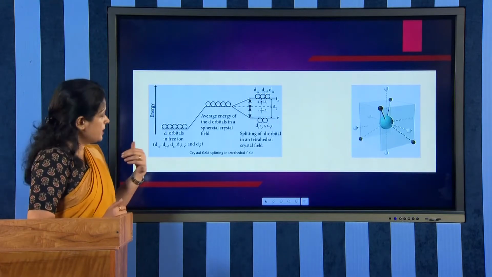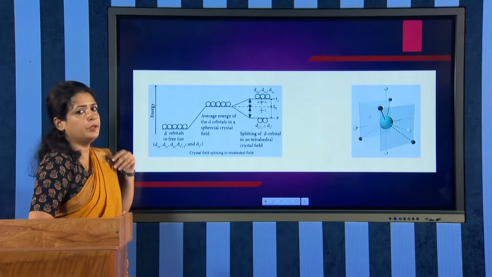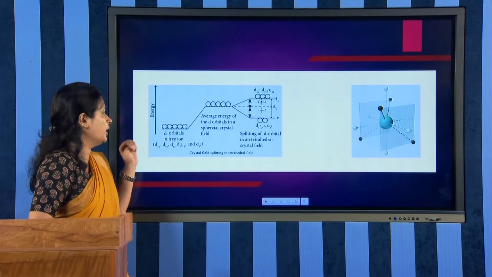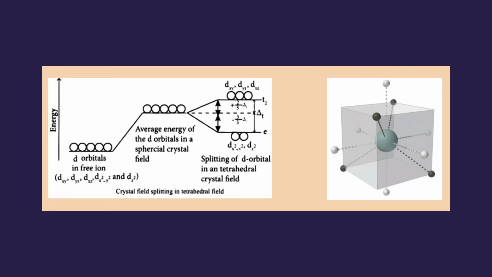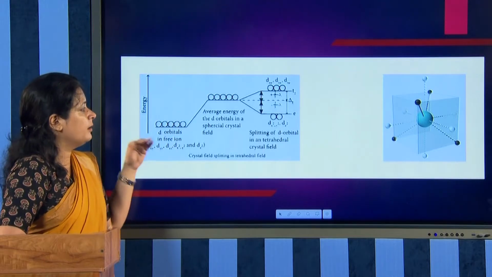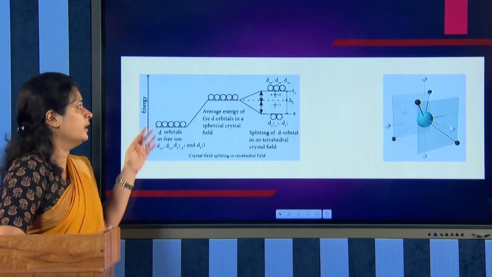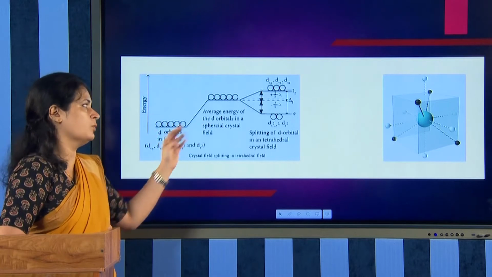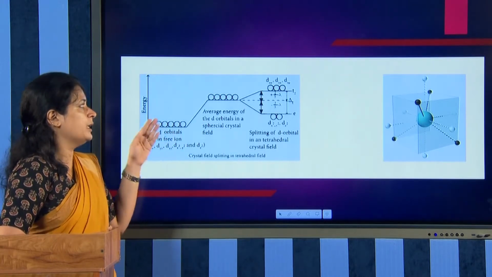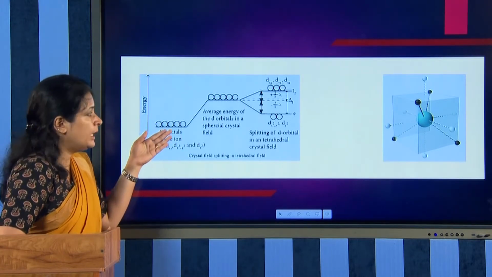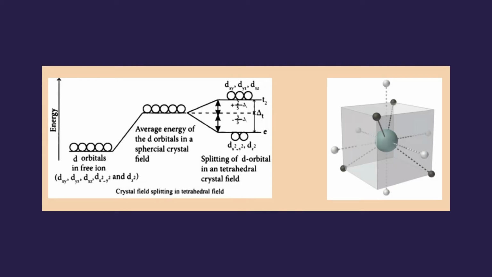And see, this is the splitting of d orbitals in the tetrahedral field. You can see the d orbitals in the free ion, and in a spherical crystal field, the average energy is being raised. And in the tetrahedral crystal field, the d orbitals will be splitting as follows, that is E and T2. You can see that E will be having lower energy and T2 will be having higher energy.